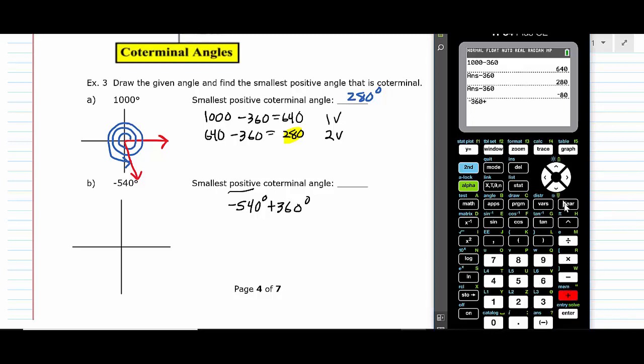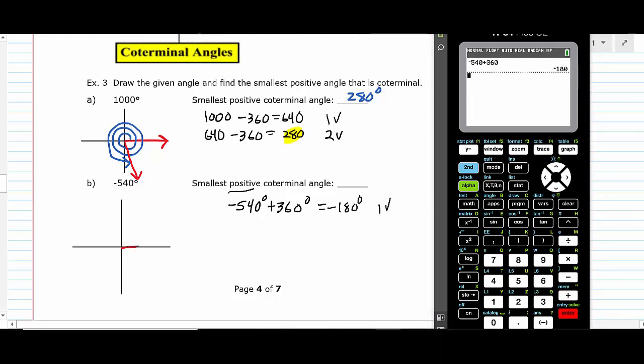So I'm going to do negative 540 plus 360, and we still have a negative angle. So that's negative 180. That's our first trip around the circle. So far what we have is this. We start there, and we go clockwise, one lap around the circle like that.